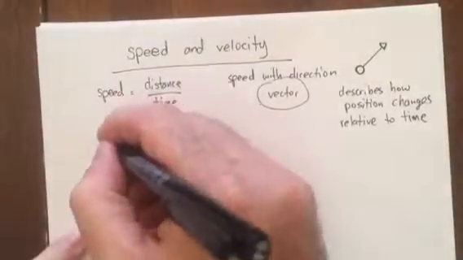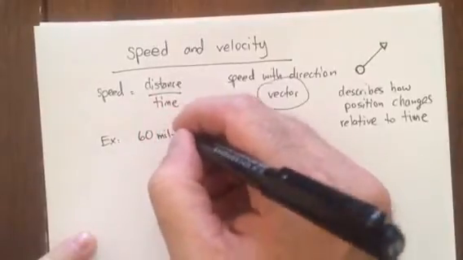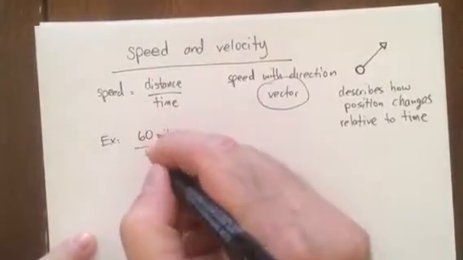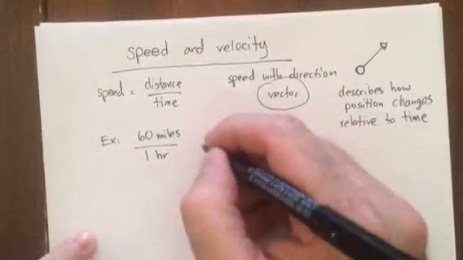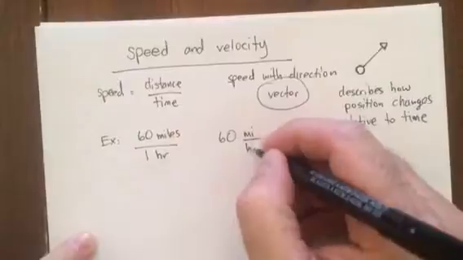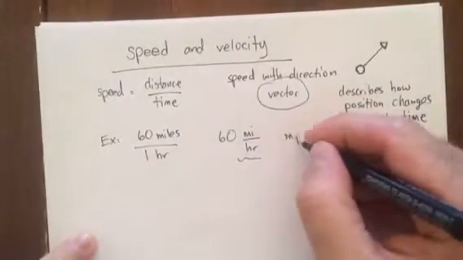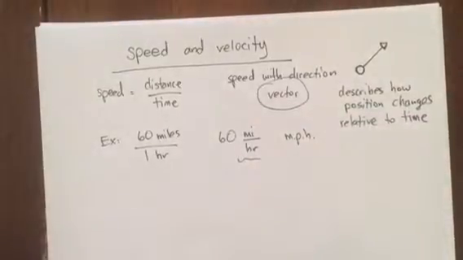Here's an example. If I go 60 miles and it takes me 1 hour to do that, then my speed is 60 miles per hour. We usually abbreviate this unit as miles per hour, like so.